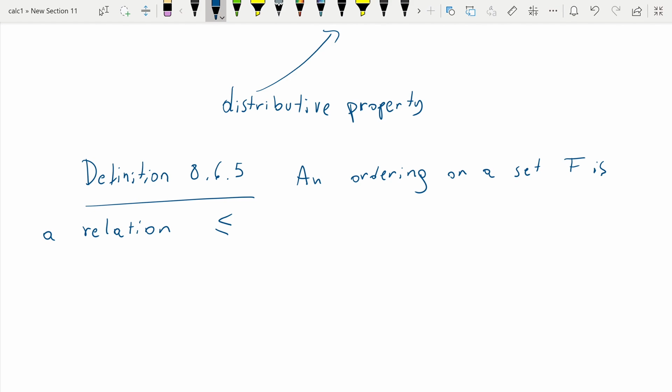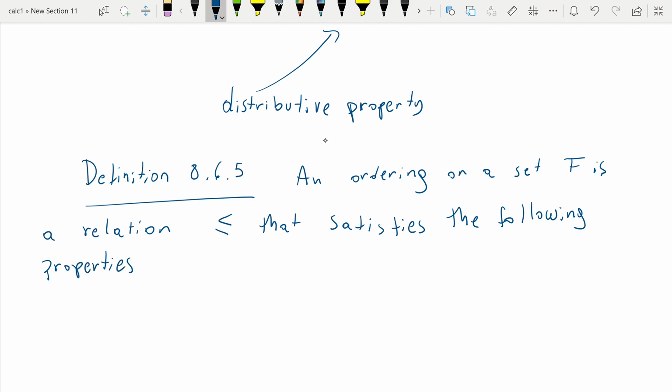So this relation must satisfy the following properties.